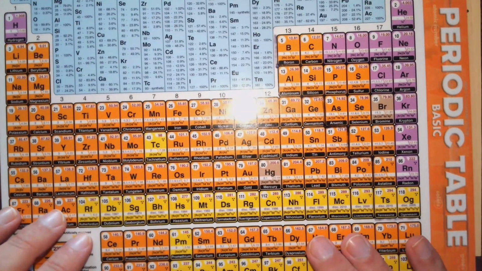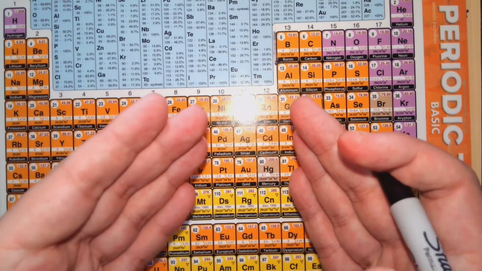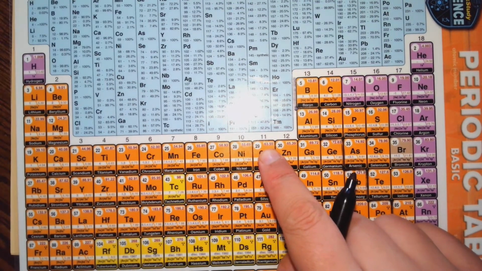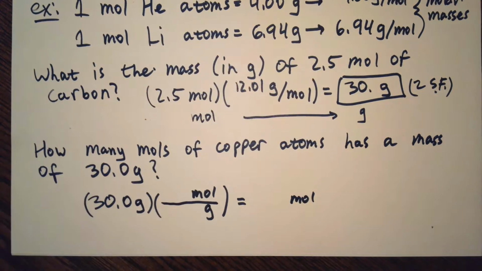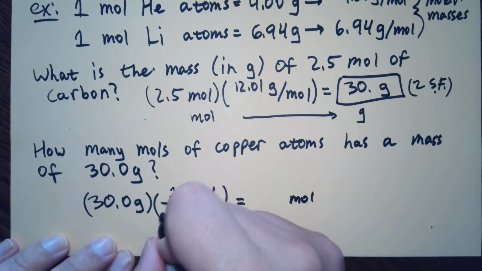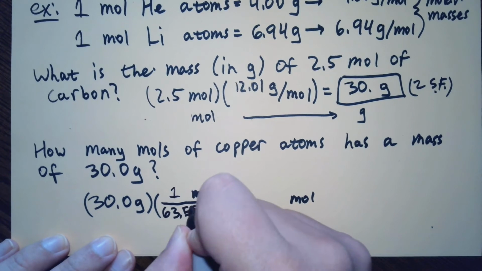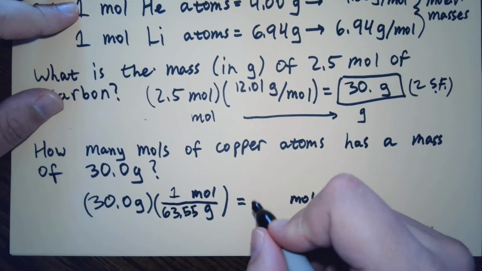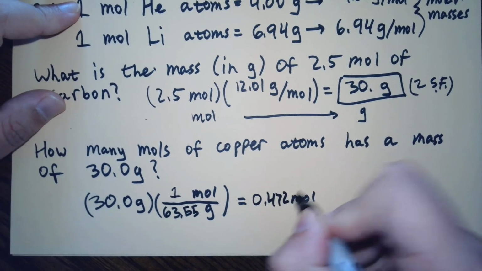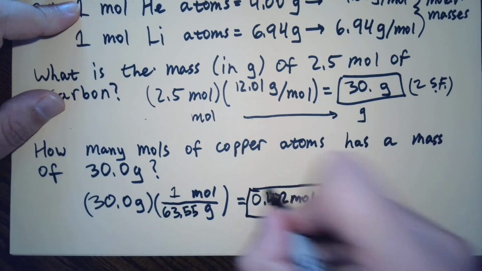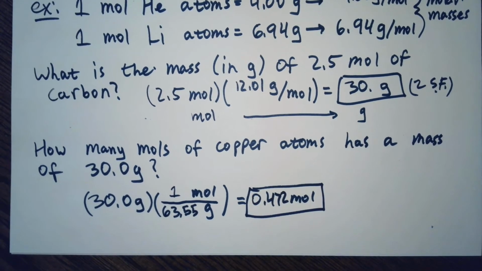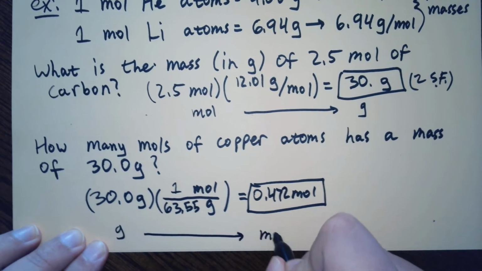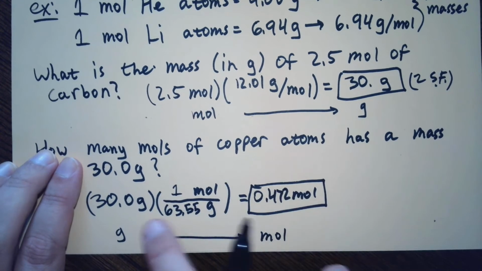So copper is 63.55 grams per mole, or there's 1 mole for every 63.55 grams. And I just run that calculation out with a calculator. And I get 0.472 moles. So we can go from grams to moles as well. So we can go moles to grams, grams to moles.